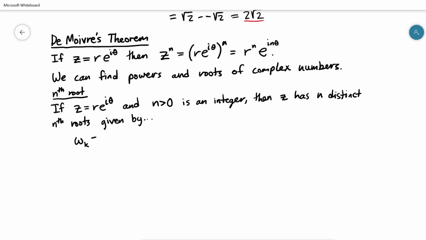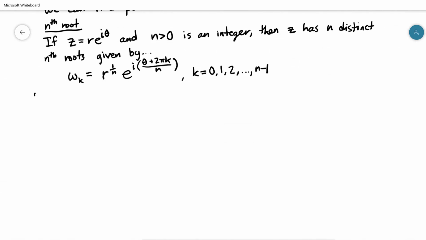So w_k equals r to the 1 over n, and then e to the i times (theta plus 2 pi k) over n, where now k is equal to 0, 1, 2, and so on, all the way up to however many nth roots we're taking, 1 less than that, so up to n minus 1. So this is our formula. Let's put it to use in an example, and then we can call it a day here.